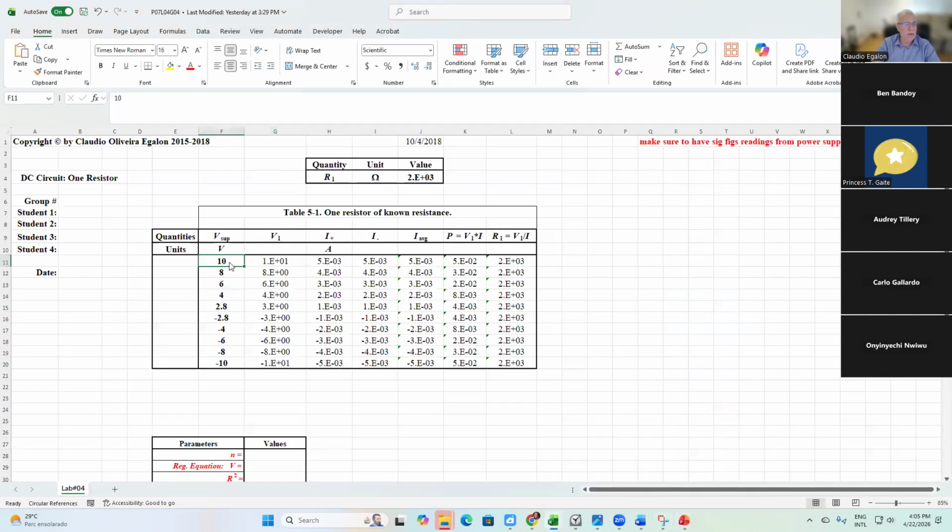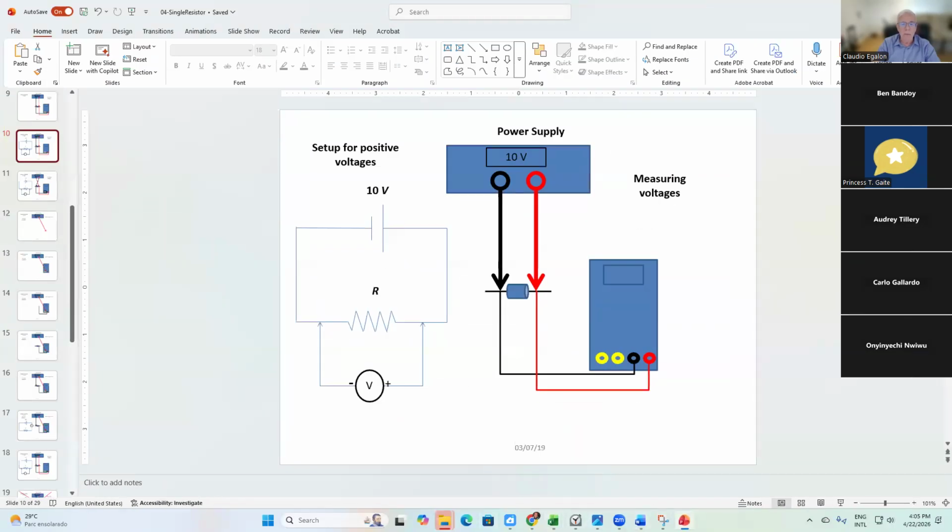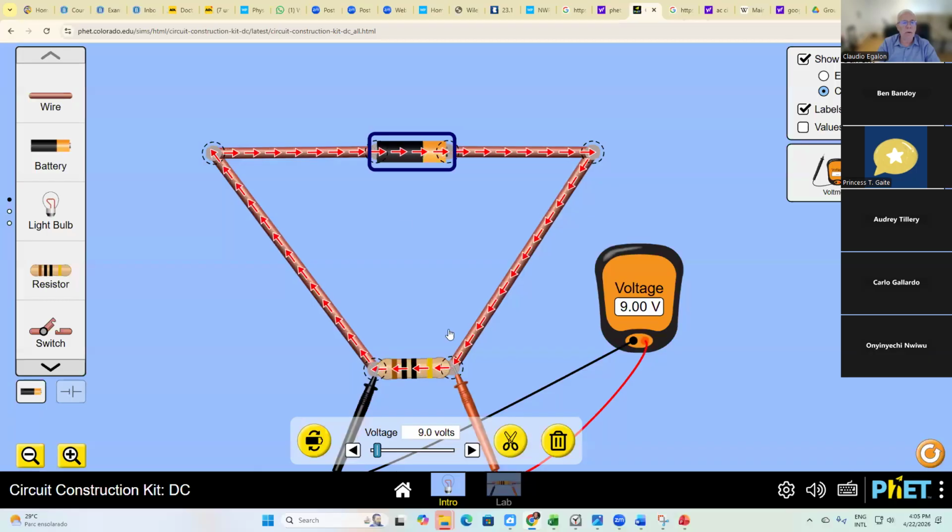So decrease the voltage provided to 8 volts, and you measure the voltage with the multimeter. Go back to our simulation. 8 volts. The voltmeter is measuring 8 volts. Next, 6 volts. The voltage read by the digital multimeter should be close to 6 as well.